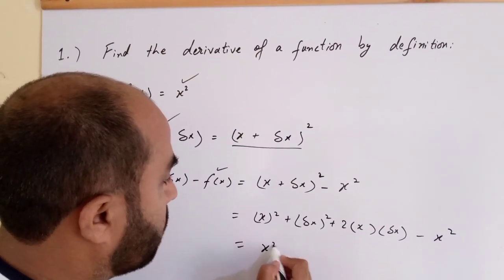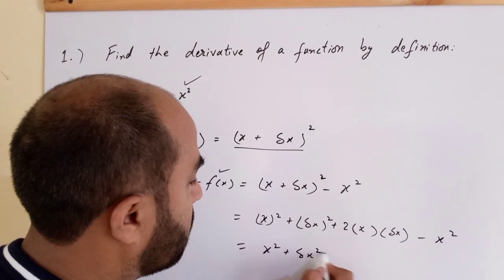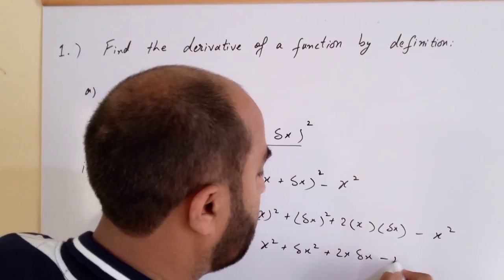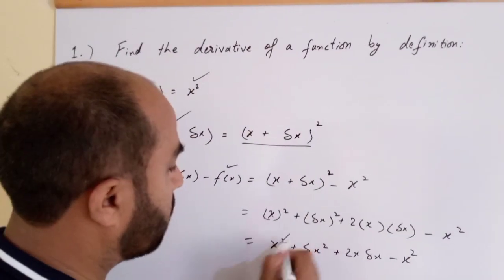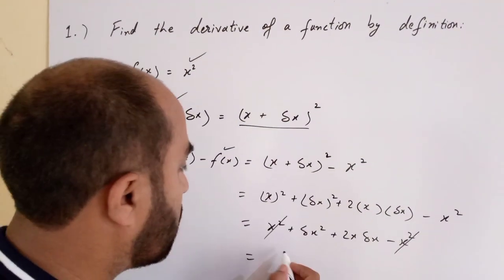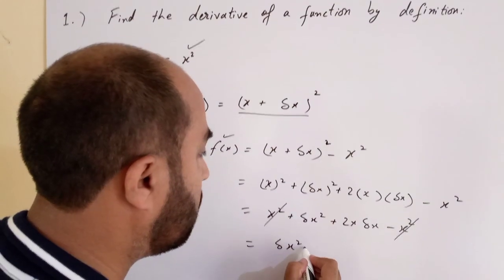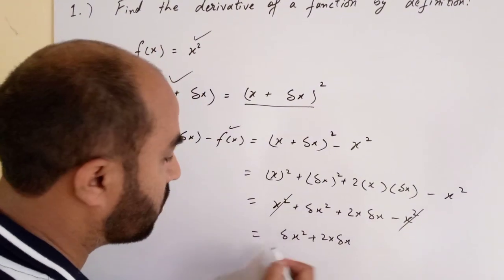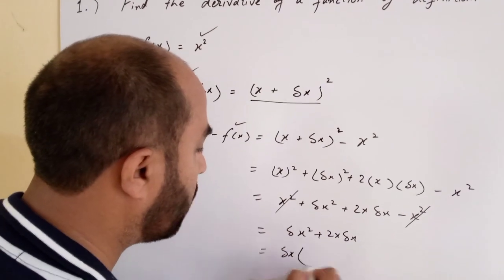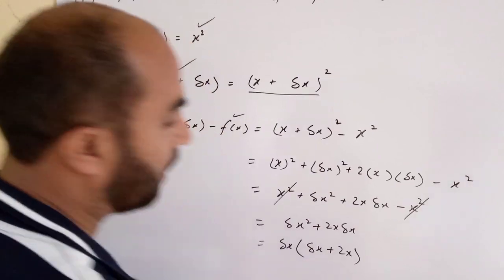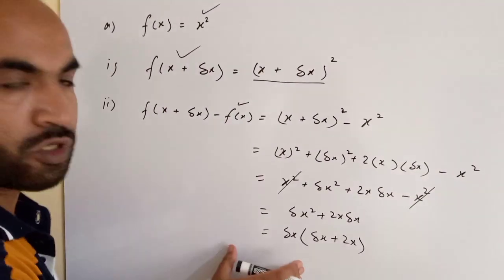So x squared and minus x squared will cancel, and the remaining term will be delta x squared plus 2x delta x. From this term we can take delta x common, and it will be delta x times delta x plus 2x. This is our step 2.